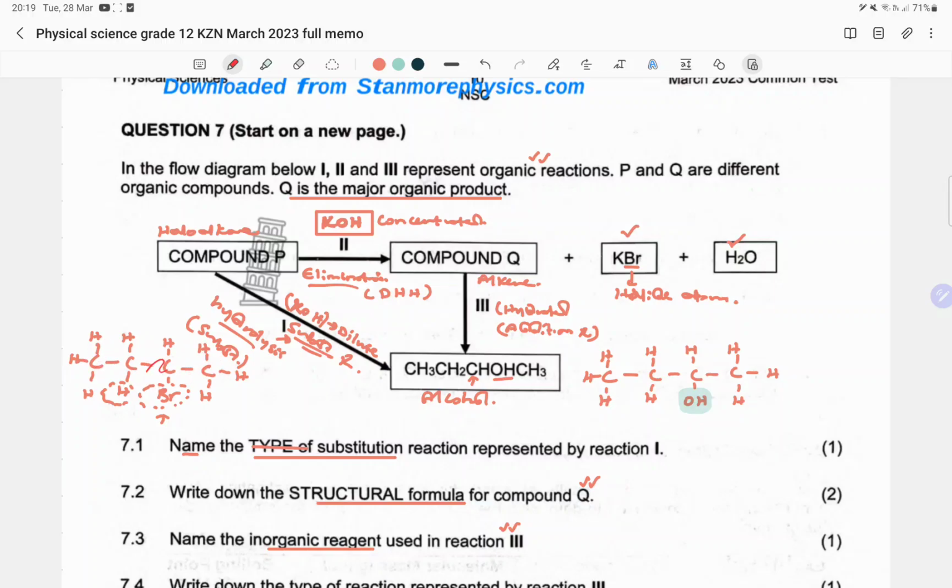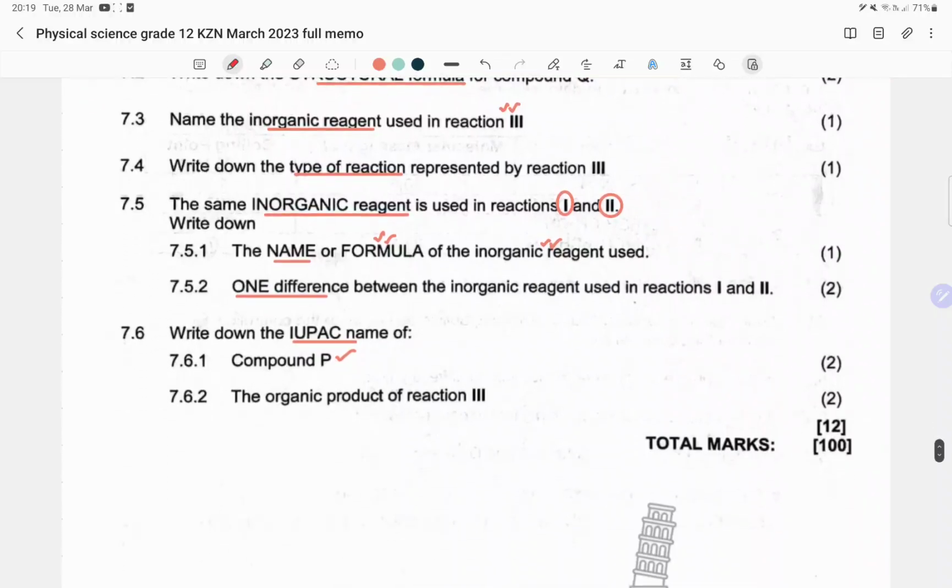If you're looking at this structure, basically, we will prioritize the side that is closest to this bromide atom. So it means we cannot come from this side, because it becomes a third carbon. But if we come from this end, it becomes the second carbon. So we are going to name this one as carbon 1, 2, 3, 4. So this is 2-bromobutane. Simple as that.